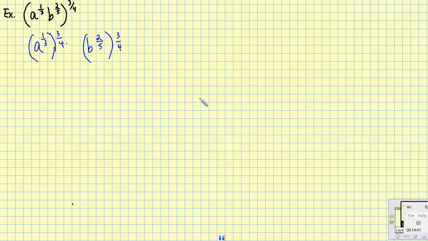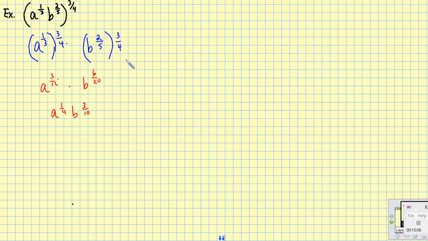So again, I can choose to just multiply everything through here, so I get a to the 3/12 times b to the 6/20, but then I have to reduce those, so it'll go to a to the 1/4 and b, dividing this by 2, to the 3/10.